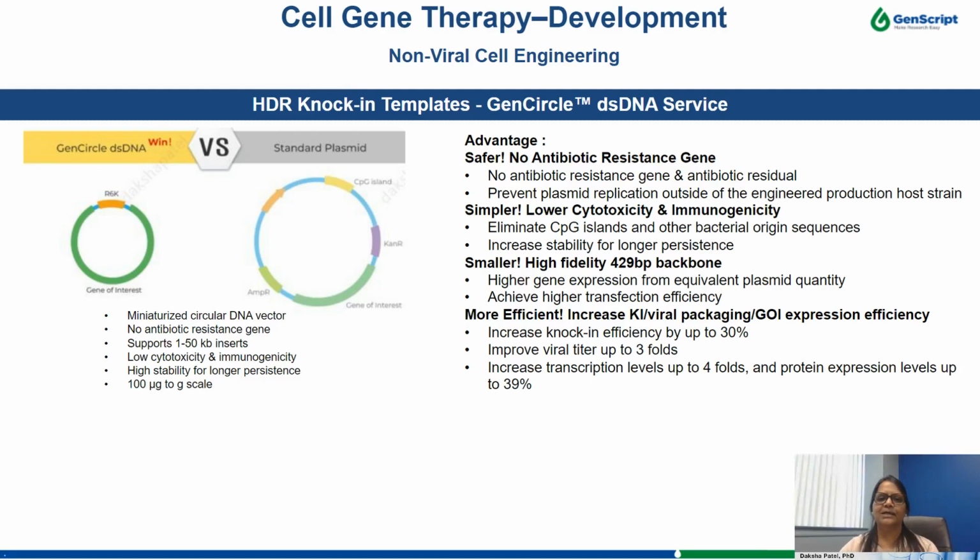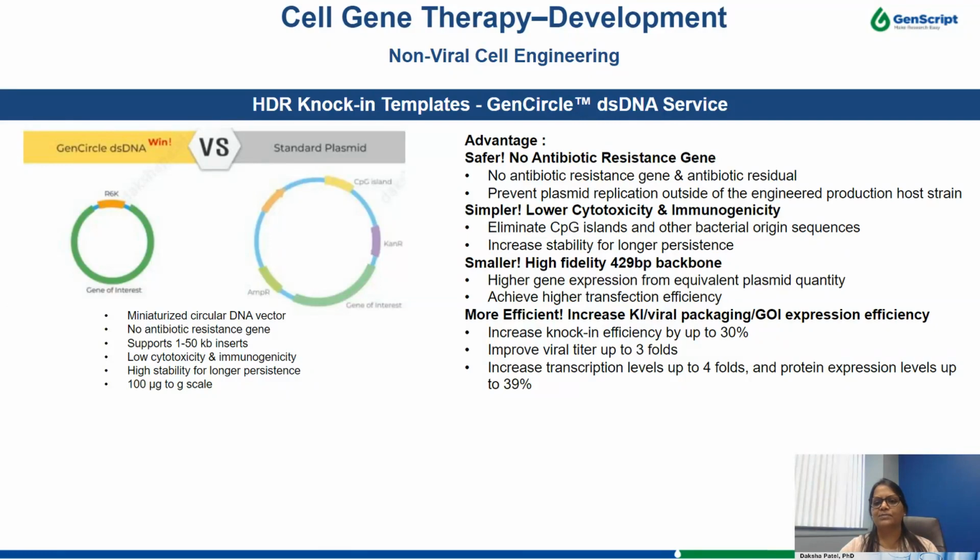GenCircle dsDNA is also a novel small circular double-stranded DNA vector. Its advantage is that it's safer because its antibiotic resistance gene and bacterial origin sequence have been removed.